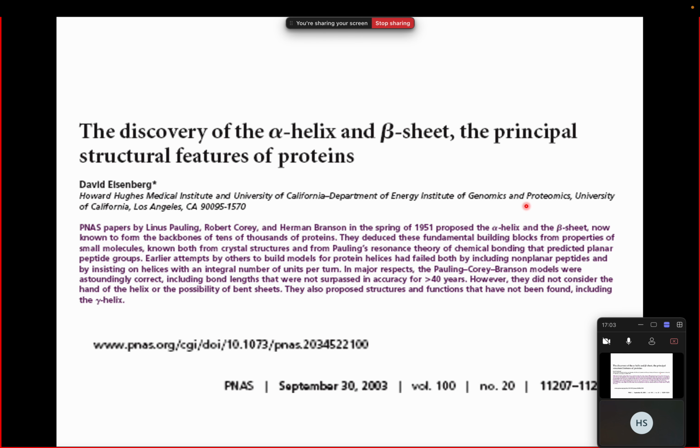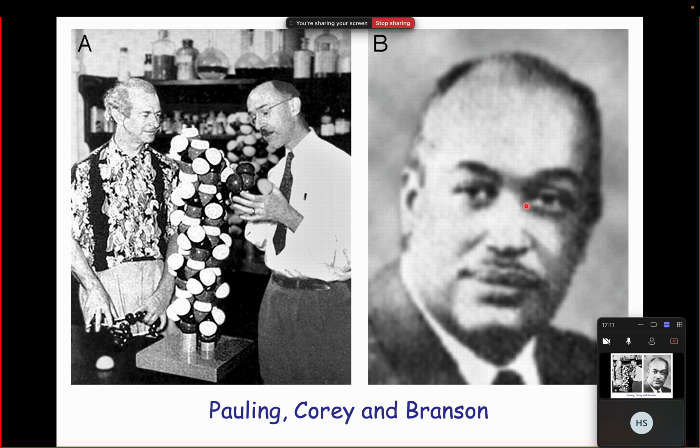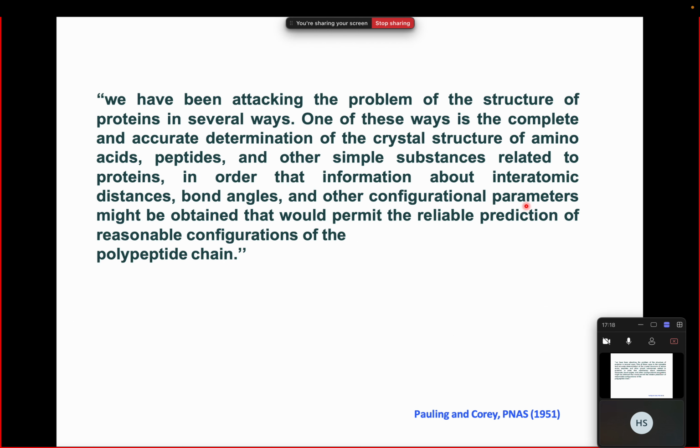So if there is a peptide bond, it is planar in nature, so if you look in three dimensions, then you can have 3.7 residues. So that was Pauling, Corey and Branson with the protein structure. In 1951, Pauling and Corey said that we have been attacking the problem of the structure of proteins in several ways.